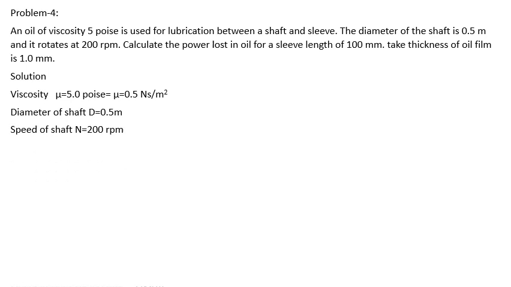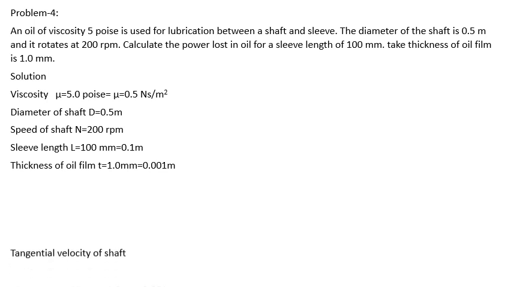The speed of the shaft N is equal to 200 rpm. Sleeve length L is equal to 100 millimeter, that is equal to 0.1 meter. The thickness of oil film, the small t, is given as 1 millimeter, that is equal to 0.001 meter.